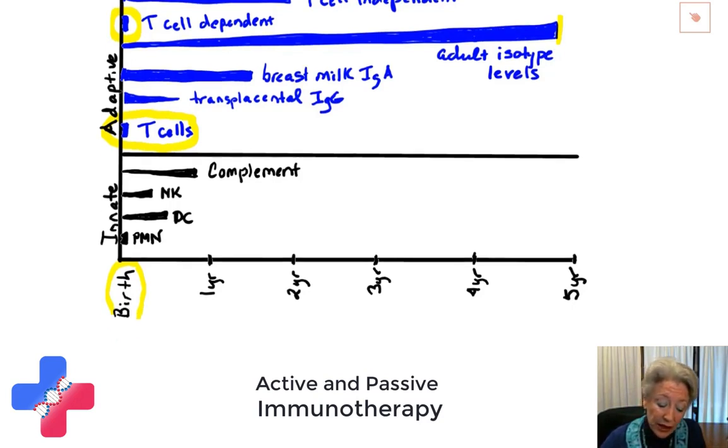If we look at the innate immune response, notice in general, it takes up to a year to have a full adult representation of things like complement, slightly less than that for natural killer cells and dendritic cell activity, and neutrophils would be functional fully at birth.